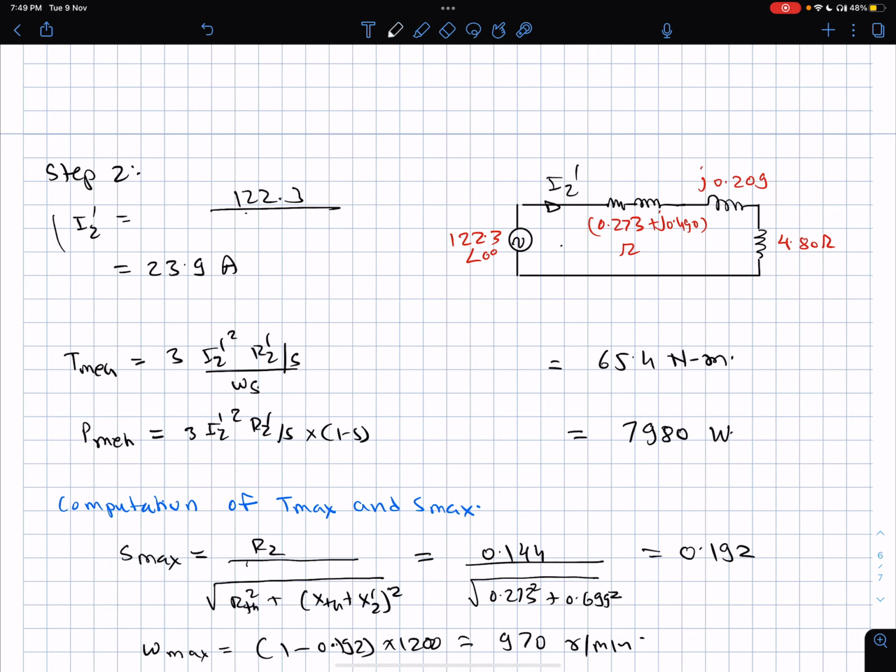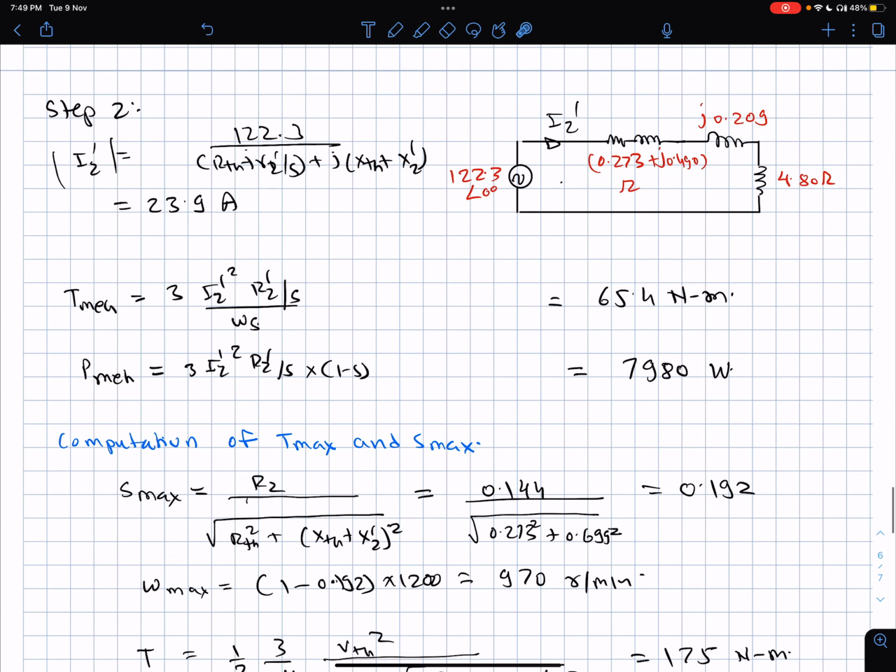So I'll write it as R Thevenin plus R2 dash by S plus j times X Thevenin plus X2 dash, and that comes out to be 23.9.